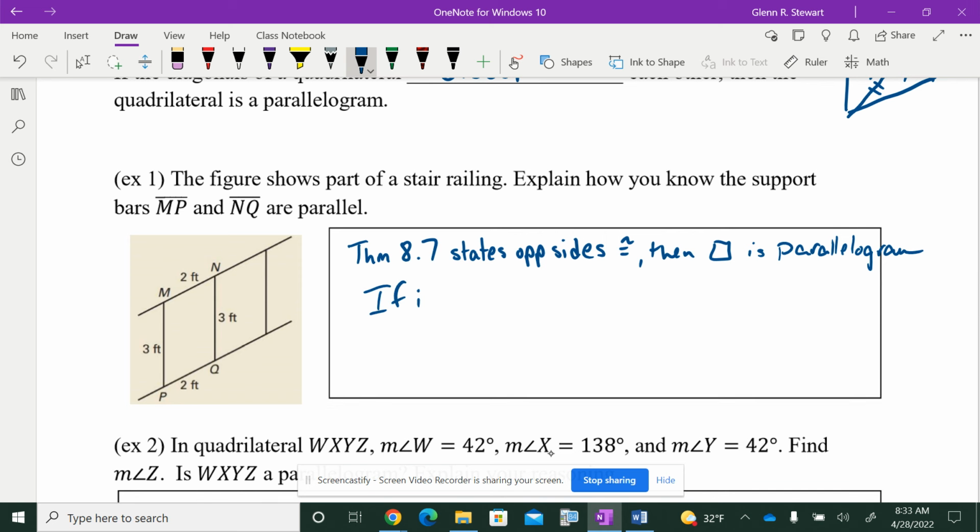And if the figure is a parallelogram, then the sides are parallel.